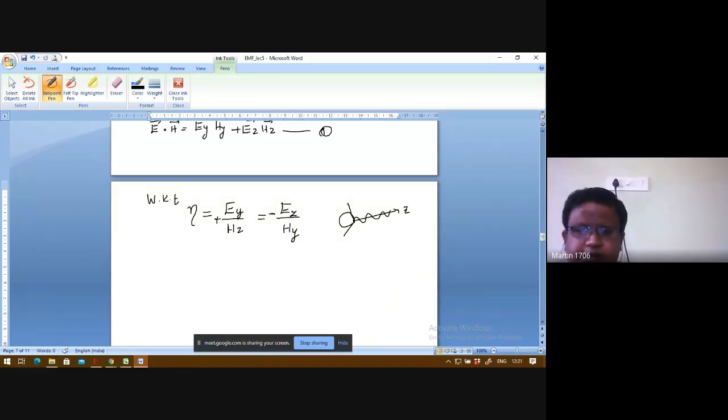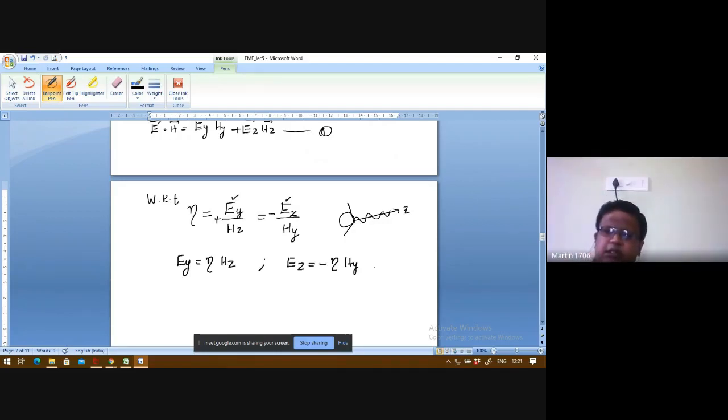Now you equate these equations, and you will get Ey and Ez separately. What is the Ey expression? Ey is eta into Hz, just cross multiplied. Similarly, what is Ez? It is minus eta into Hy.